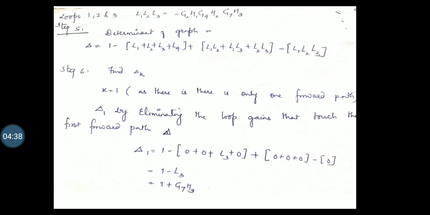Delta 1 is obtained by eliminating the loop gains that touch the first forward path. So delta 1 is 1 minus (0 plus 0 plus L3 plus 0) plus 0 minus 0, which will come as 1 minus L3, which is 1 plus G7 H3.